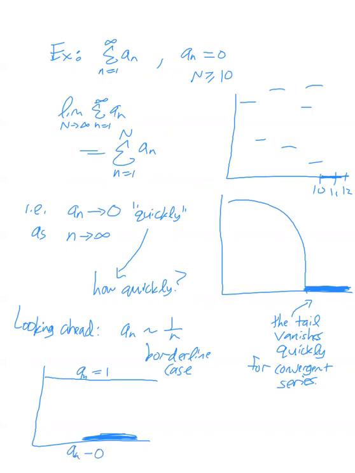You can think of this as 1 over n to the infinity, and you can think of this as 1 over n to the 0. Then it shouldn't be a surprise that there's a borderline case, 1 over n to some power. It turns out the power that's borderline here is 1. If you go above this, it's convergent, and if you go below this, it is divergent. And we'll get to that momentarily.